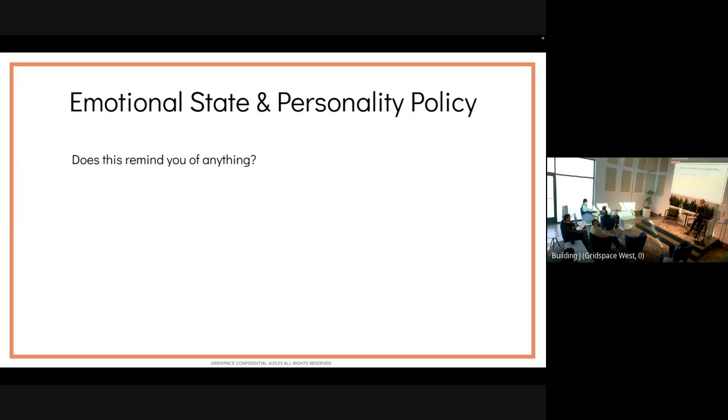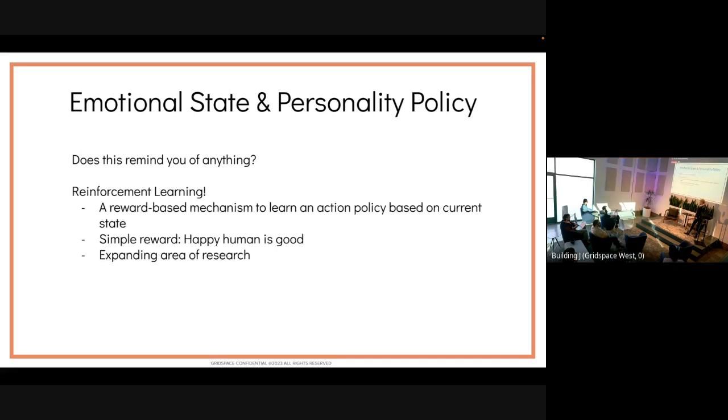I'm not going to get too far into this, but does this remind you of anything? Make you think of a method that you might immediately want to apply? No? That's cool. It made me think of reinforcement learning.